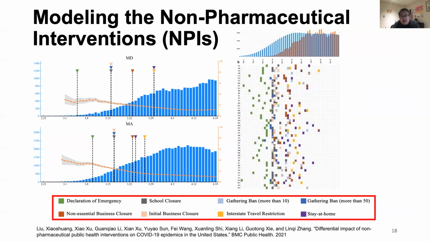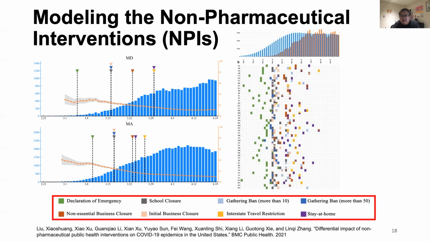And the figure on the left shows the time varying RT value, the reproduction number, and the inferred infection epidemic curve for two selected states, which is Maryland and Massachusetts, according to the range of RT value on April 19.